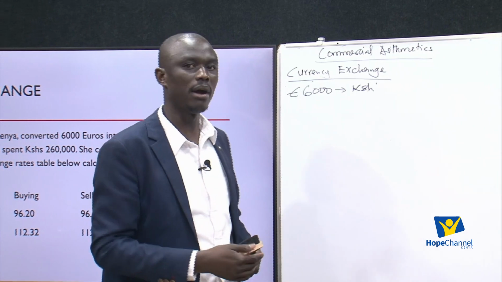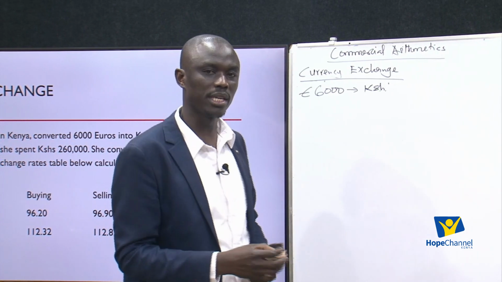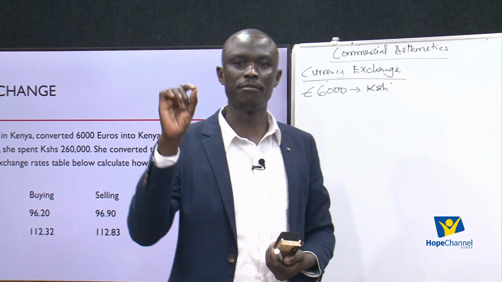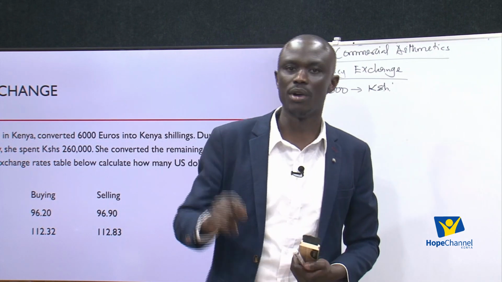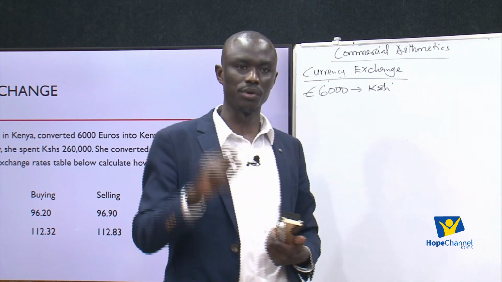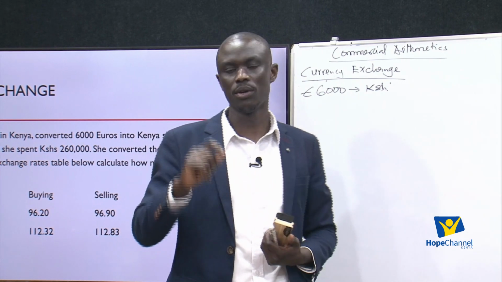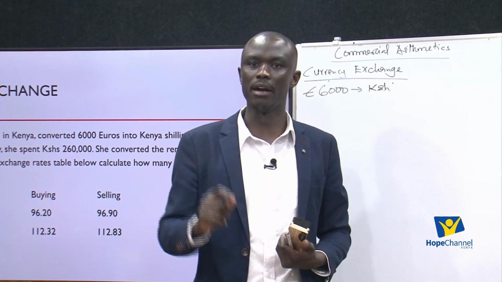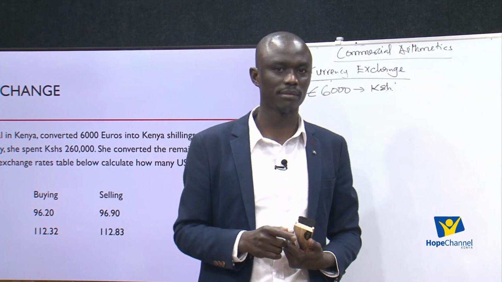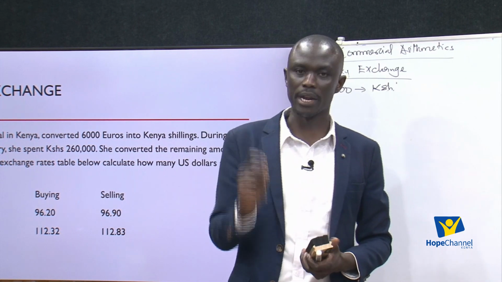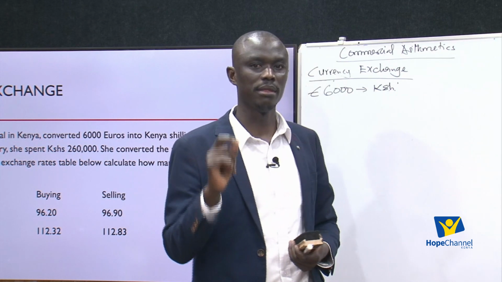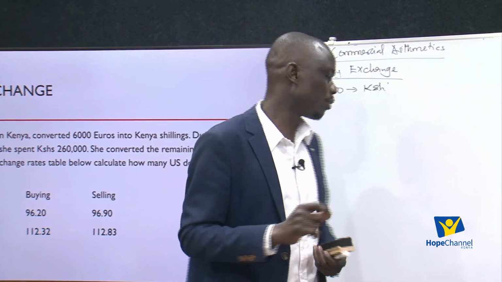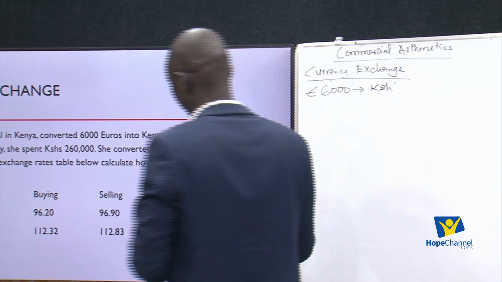So remember our previous point. When you go to the bank with a foreign currency, what will the bank do? The bank will buy. So we go to the column of buying.